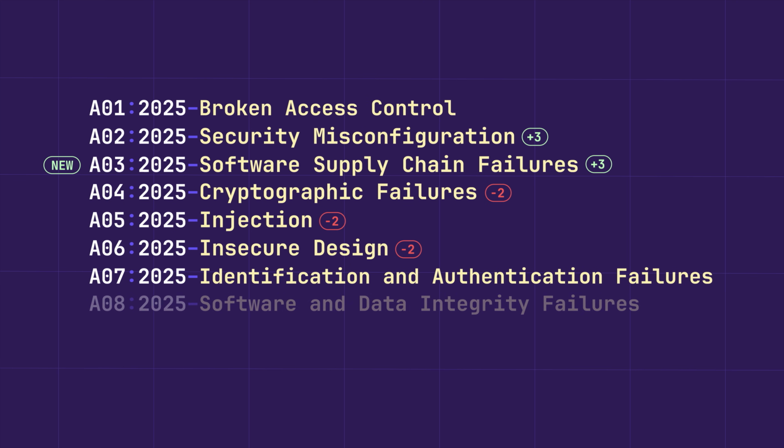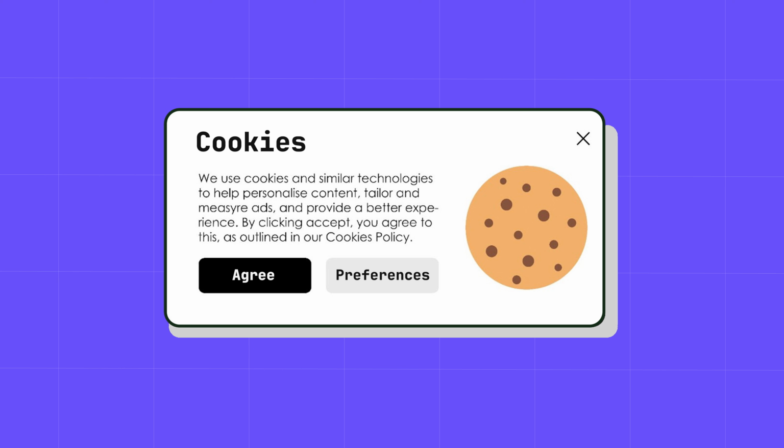All right, let's move on to top 10 number 8. The 8th most common vulnerability, according to OWASP, is software or data integrity failures. This one's an interesting one, and it's basically when we take untrusted sources of information and we don't validate it. So an easy example to talk about is if we use cookies a lot in applications, right? These are very helpful, but cookies can actually be manipulated and replaced.